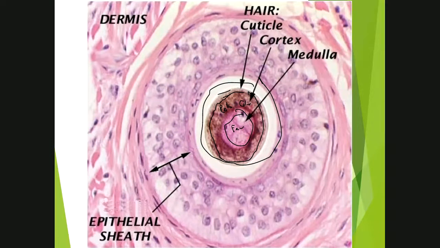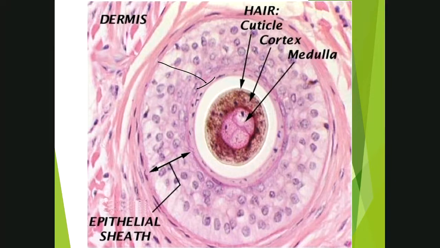And again, it's like shingles. Now, this part is not a hair. That is the hair follicle. And that's what produces the hair. And so we'll talk about the follicle in just a second. Any questions, though, about the hair itself? Can everybody see the three layers?